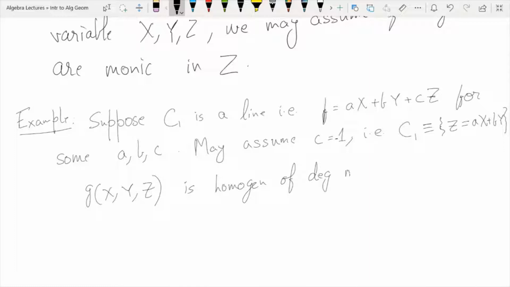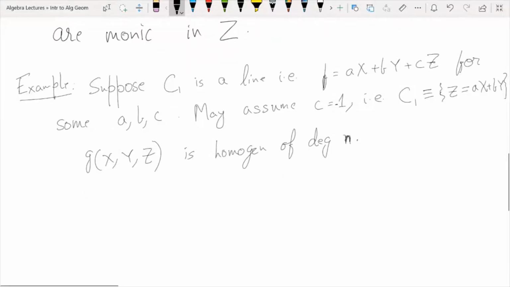So m is 1 and n is whatever n is. n could be any positive integer. In this case, the theorem says that the size of C1 intersection C2 should be at least 1 and at most n. And in fact, if you count with multiplicity, it should be equal to n.